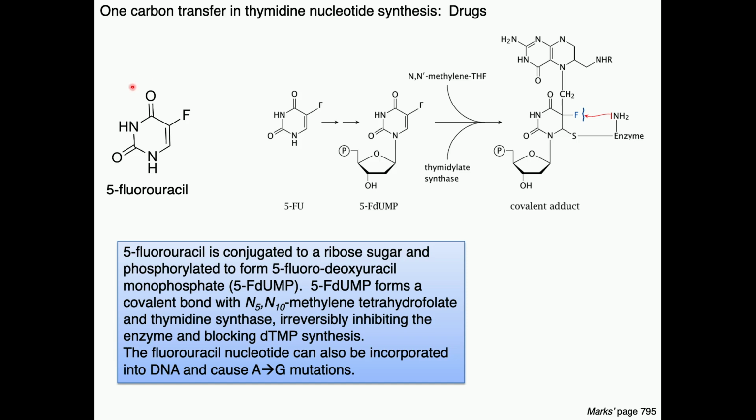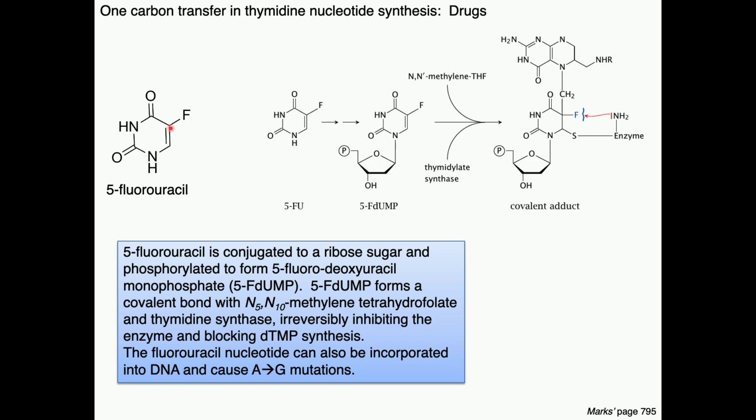The pathways by which it is activated, we'll talk about in our discussion of nucleotide metabolism later, but essentially 5-fluorouracil is an analog of the uracil base. It has to get modified by the addition of a ribose sugar and then a phosphate group to make it into a nucleotide.